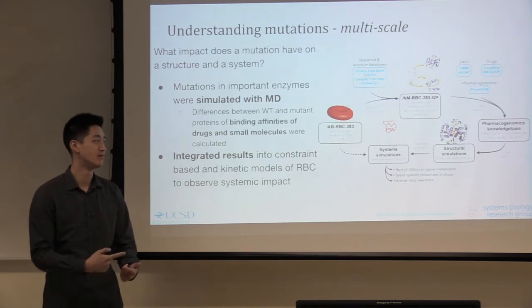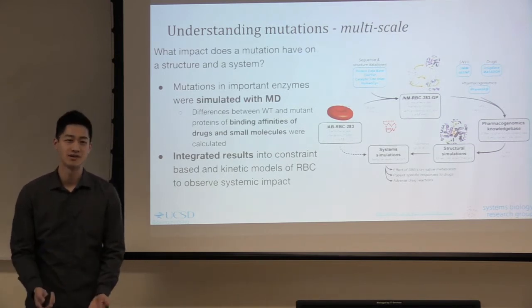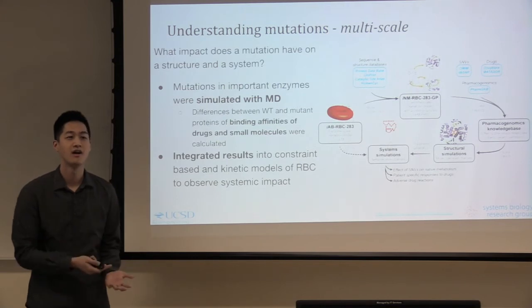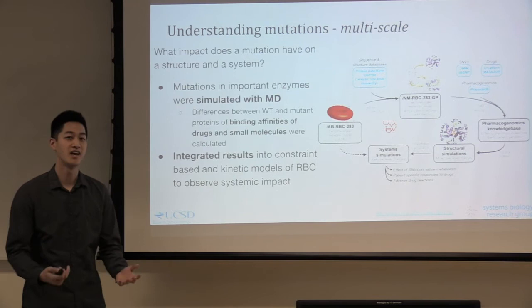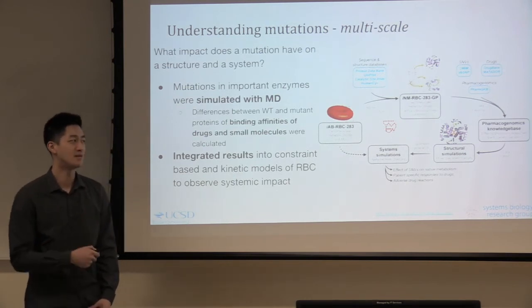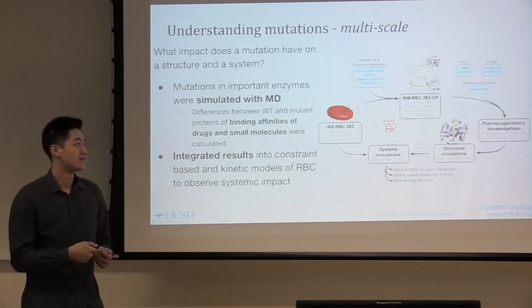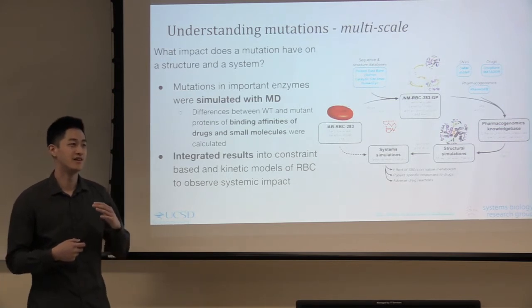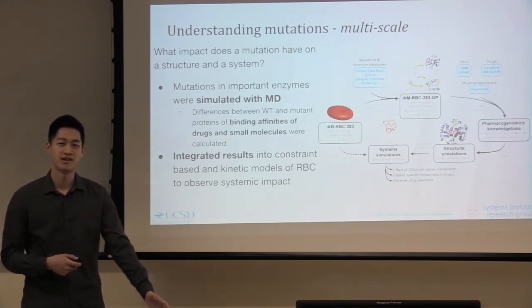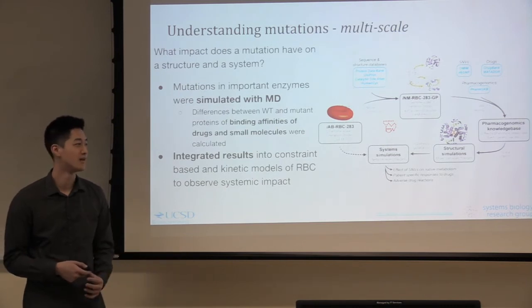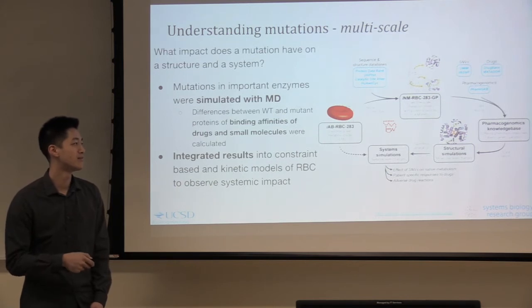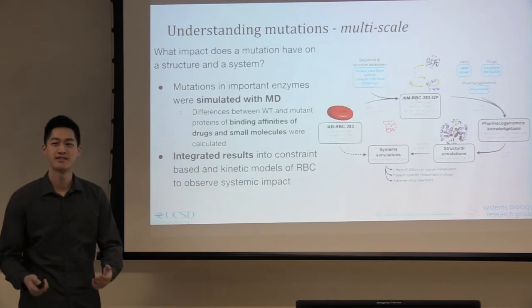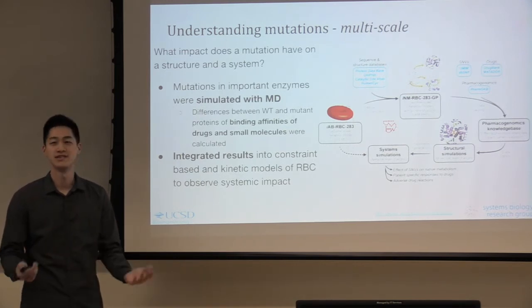And in this case, we actually went all the way to using a kinetic model, because what we get from these simulations are differences in kinetic parameters, like a binding affinity, so a Km in this example. So in this aspect, we really went far into using detailed molecular modeling simulations as well as detailed genome scale modeling techniques. And so we incorporated that information back into the red blood cell to analyze the effect that a mutation had on the whole system.